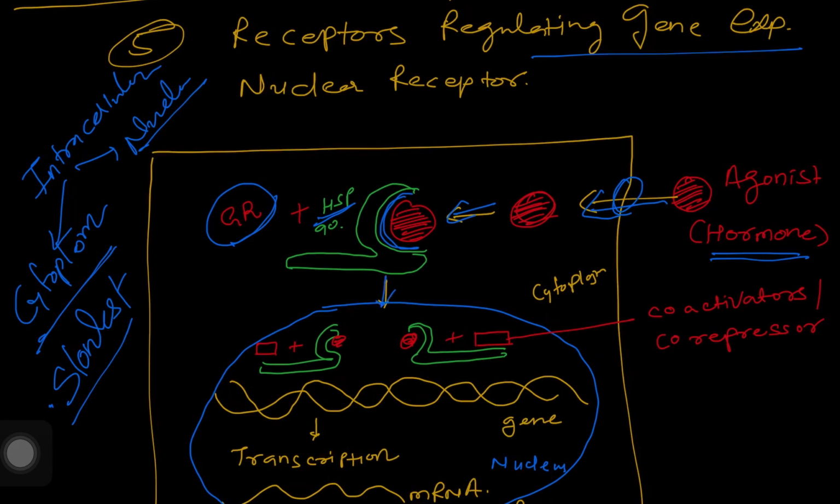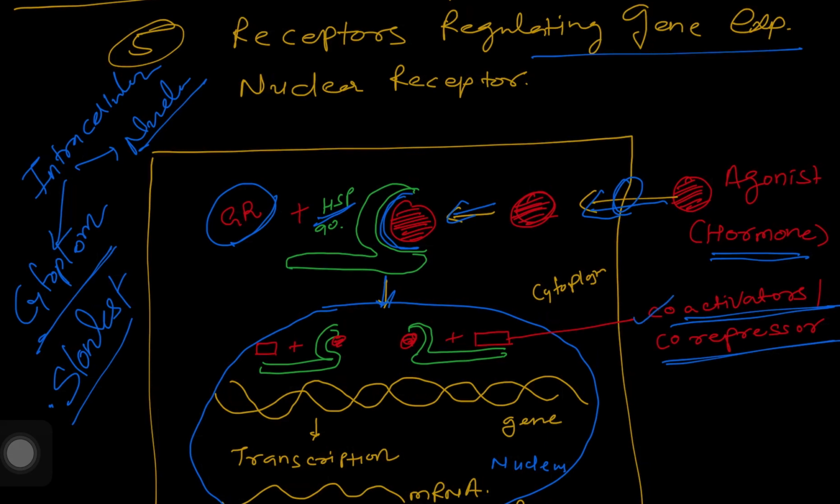Now this receptor goes inside the nucleus and produces dimerization, and depending upon the activators or repressors associated with this protein or receptor, the process goes on.